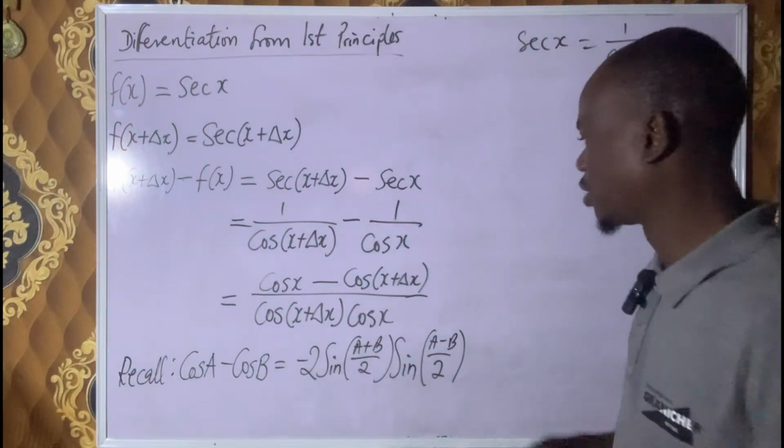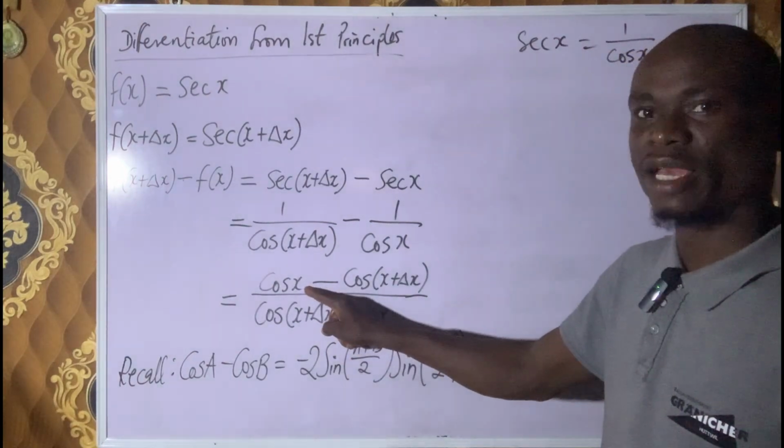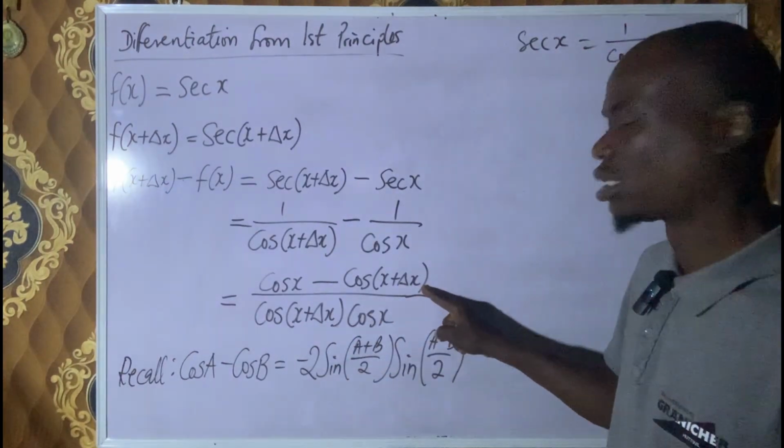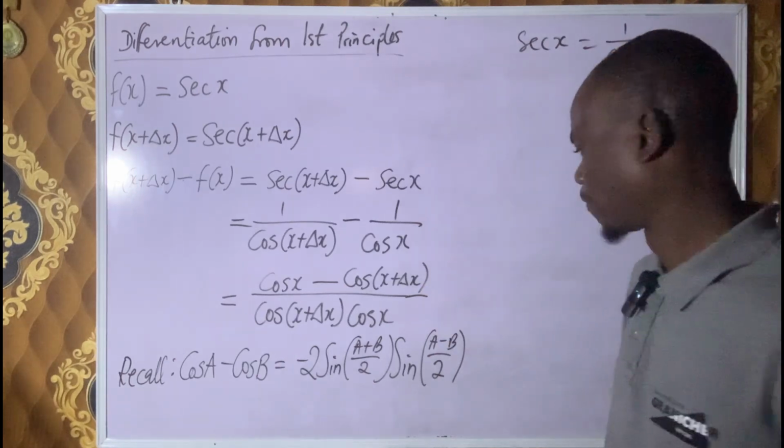So I'm going to replace the numerator with this identity. In this case, my A is x, while my B is x plus delta x.